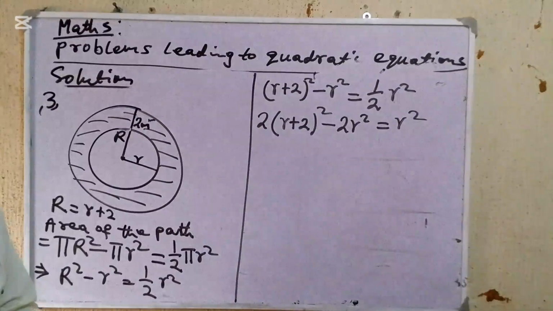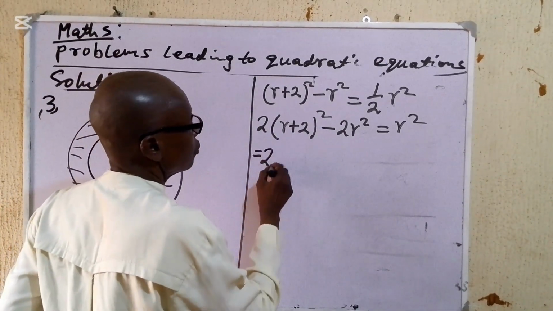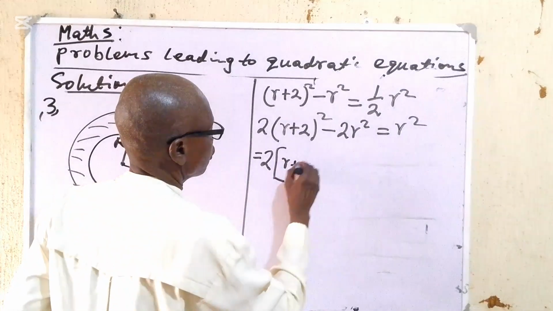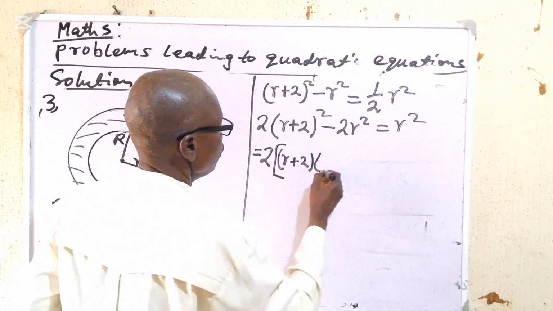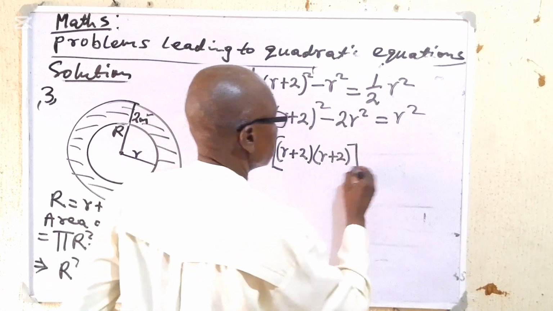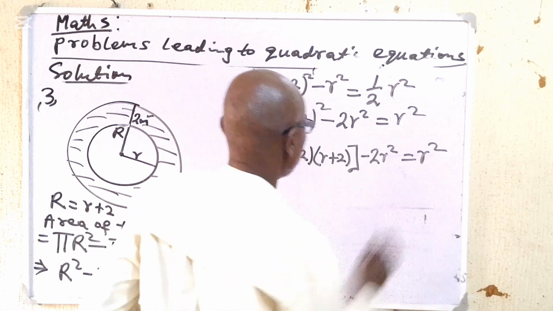The next thing for us to do is to expand. That will be 2 brackets r plus 2 into r plus 2, minus 2r squared equal to r squared.